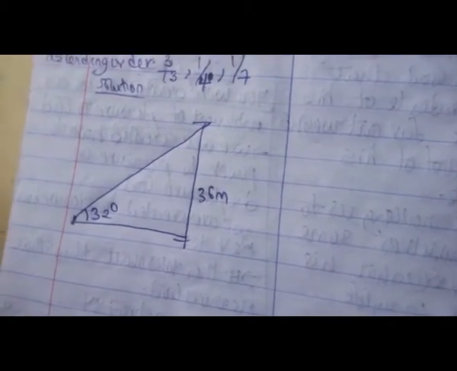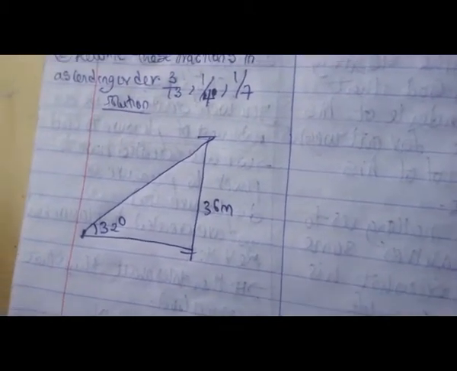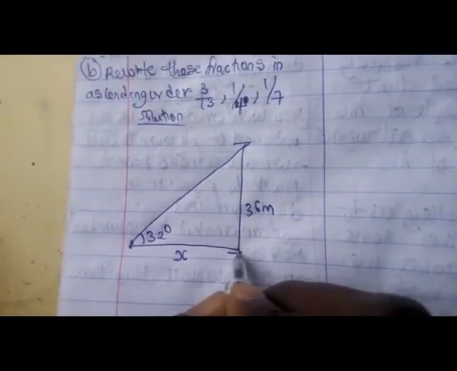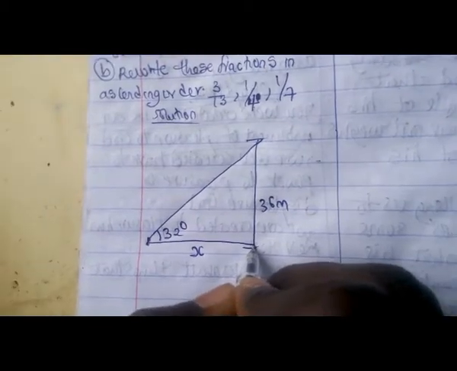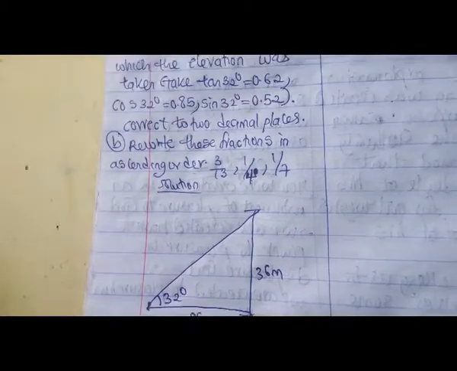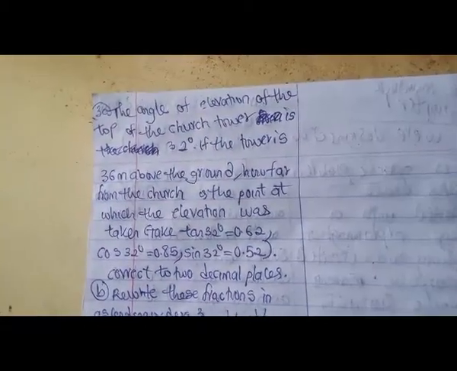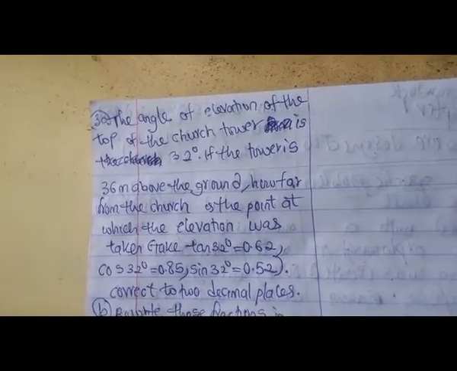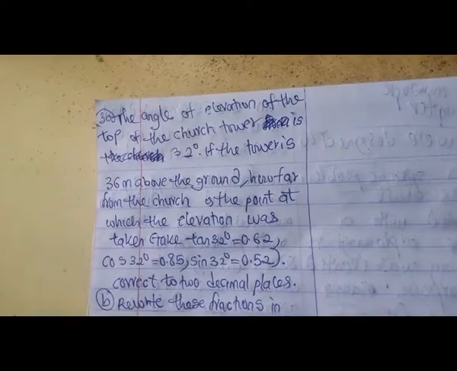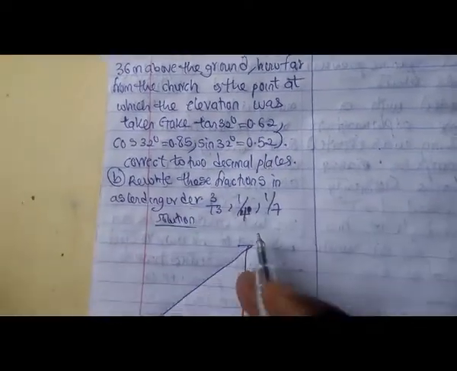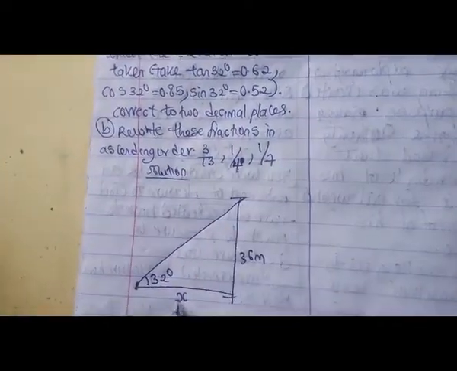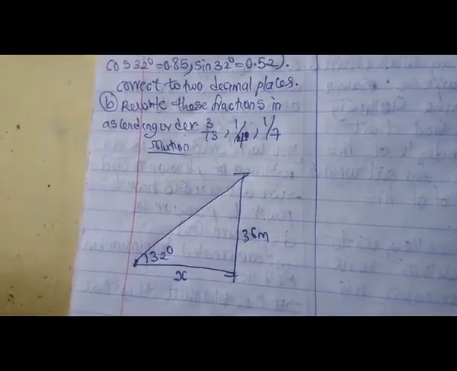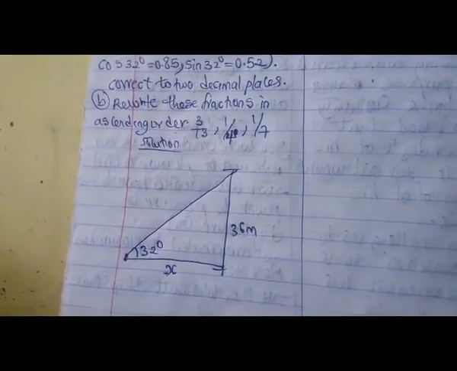We should calculate how far from the church. So you are looking for this place. How far from the church is the point at which the elevation was taken? So somebody was standing and taking the elevation at x meters from the church tower. So we are going to calculate it.